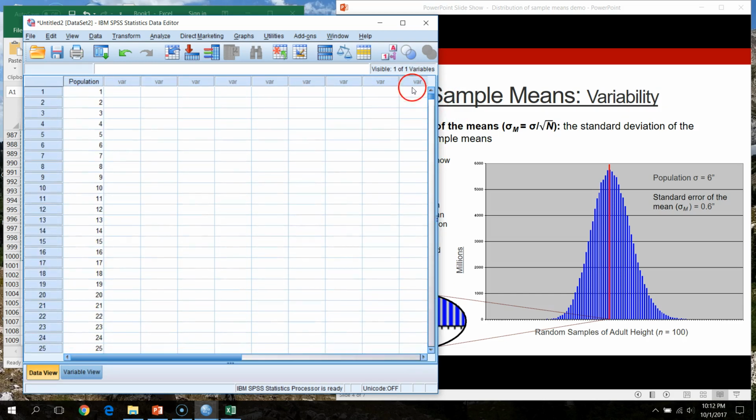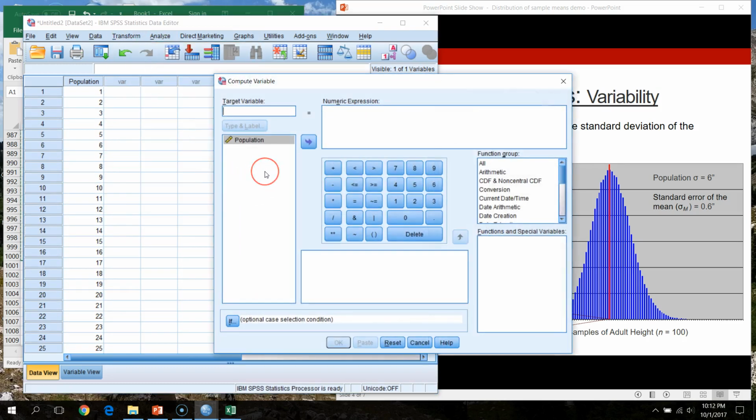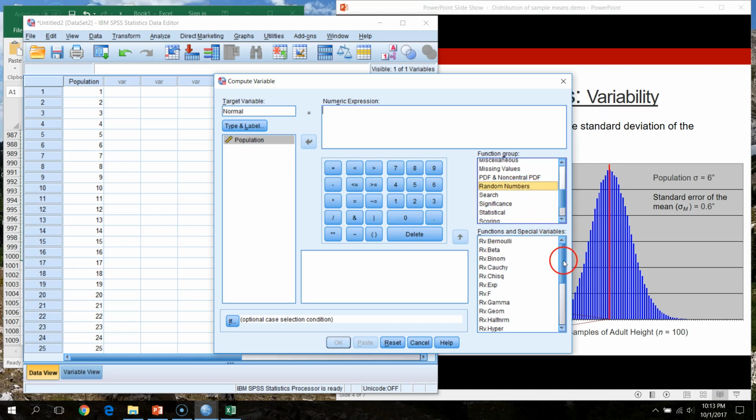Now I'm going to compute a variable. I'm going to call this variable normal. I'm going to tell SPSS to create some random numbers, and specifically I want those random numbers to follow a normal distribution.